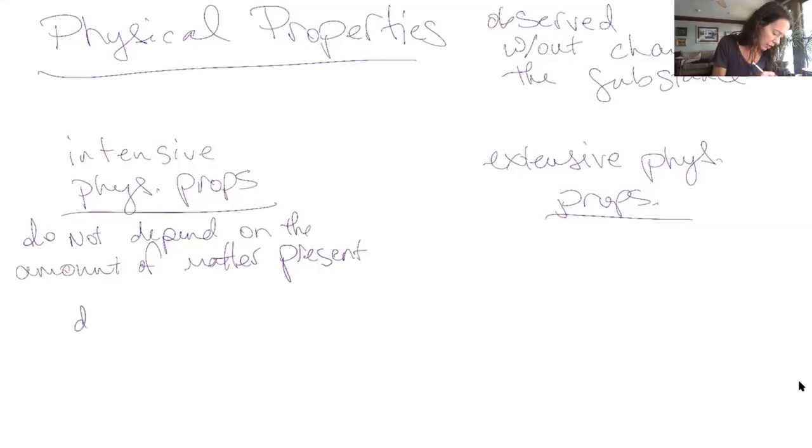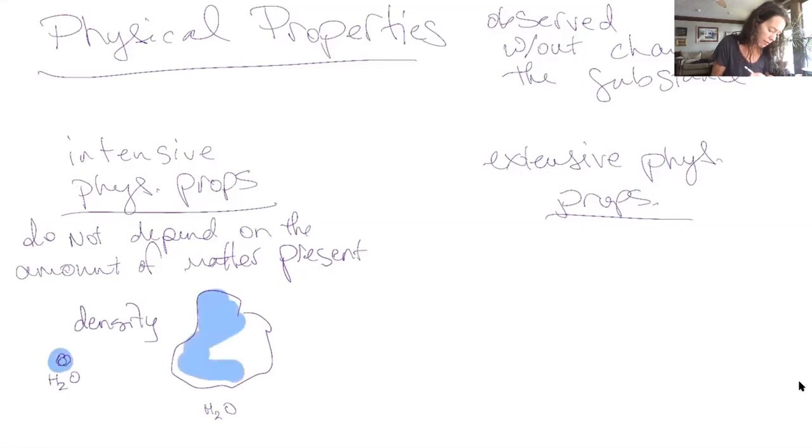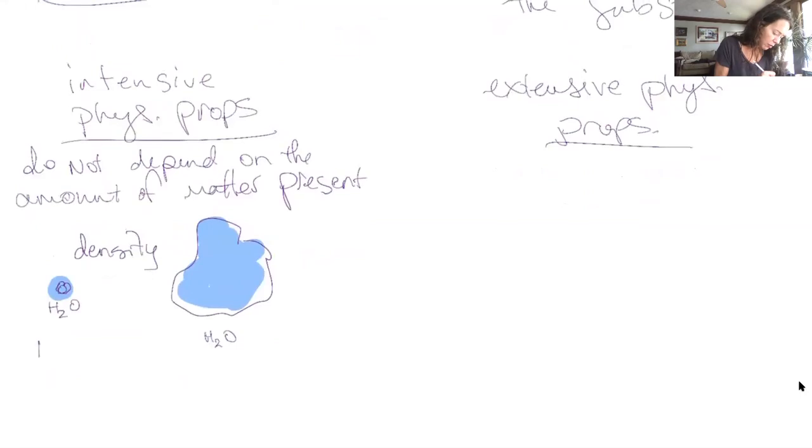Well, those are going to be like my density, right? The density of water is 1 gram per milliliter. If I have a drop of water or a huge amount of water, right? That's my drop of water. It doesn't matter how much of that water I have. It still has a density of 1.0 gram per milliliter.